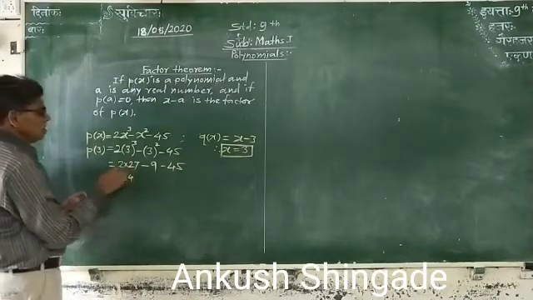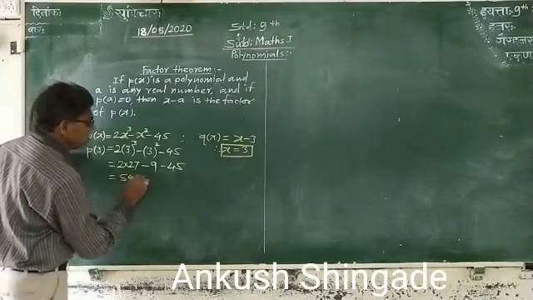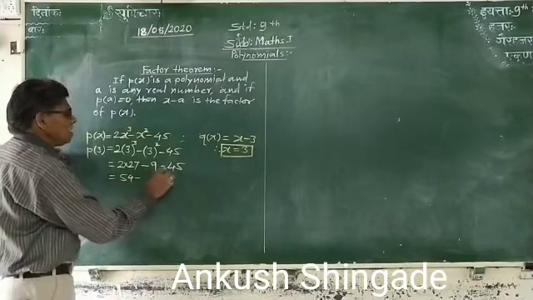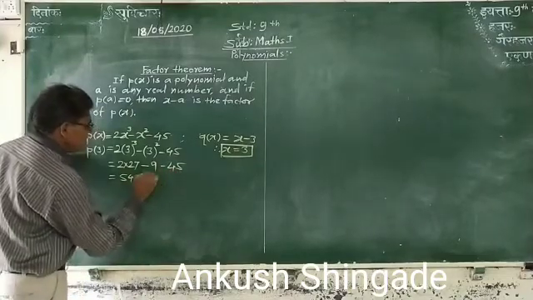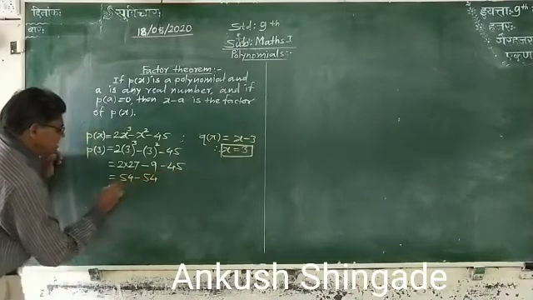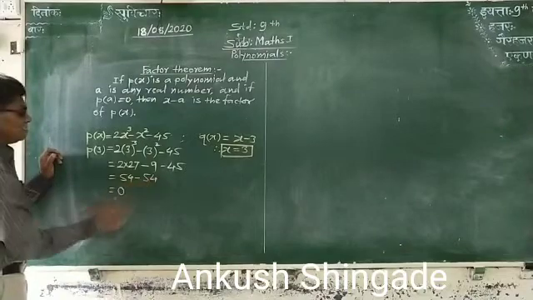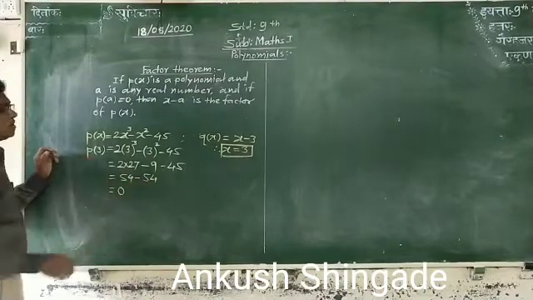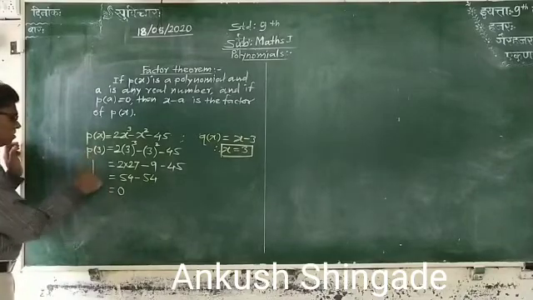2 times 27 is 54, minus 9 and minus 45. Sum of these two is minus 54. That is equal to 0. 54 minus 54 equal to 0. Here P3 equal to 0.